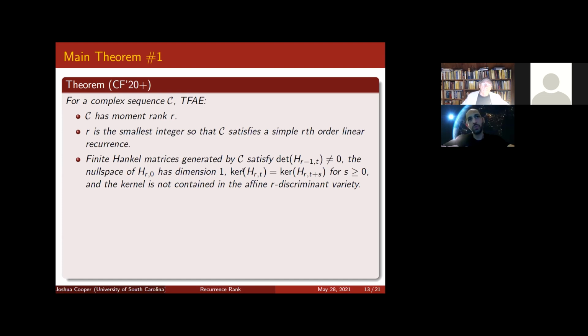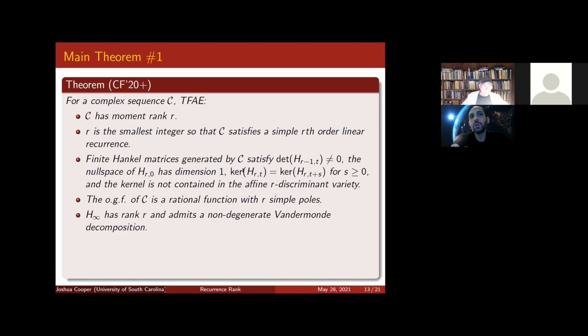And also the kernel shouldn't be contained in the affine R discriminant variety. That's the simplicity. The ordinary generating function is a rational function with R simple poles. The infinite Hankel matrix has rank R and admits a non-degenerate Vandermonde decomposition. The recurrence ideal is radical, it contains the roots of any perfect power, and it's generated by some degree R polynomial.